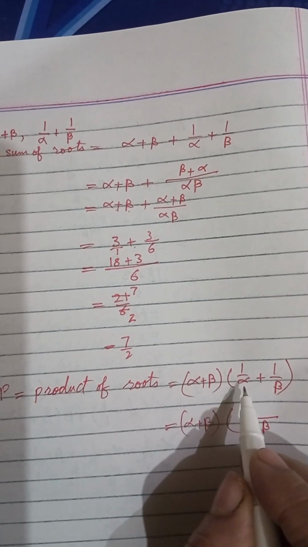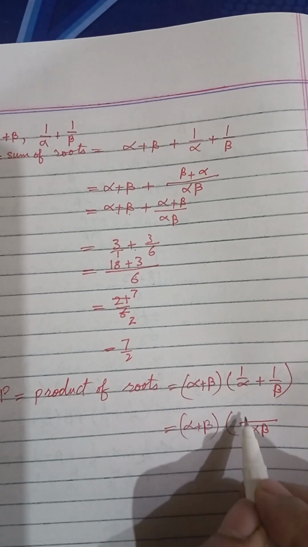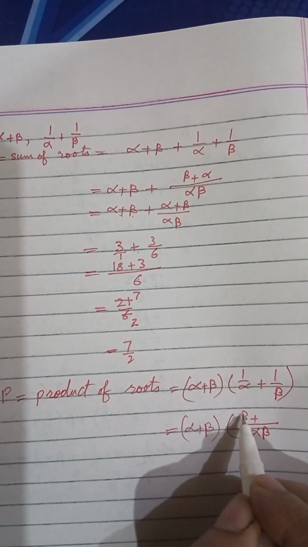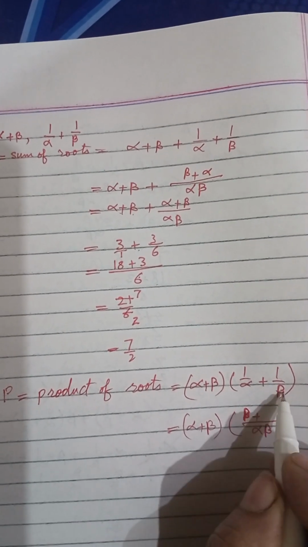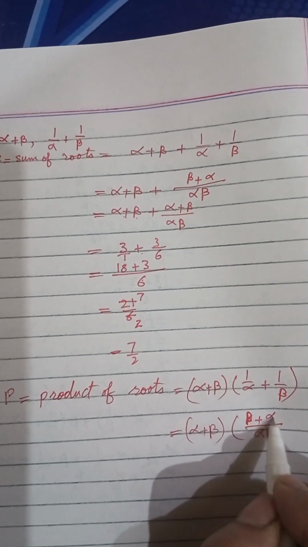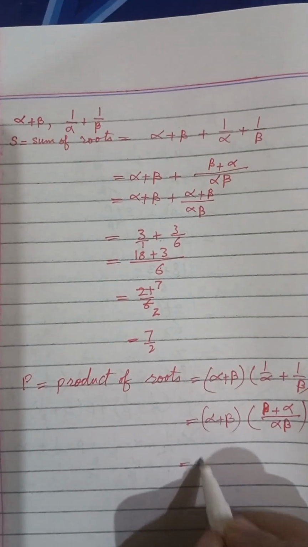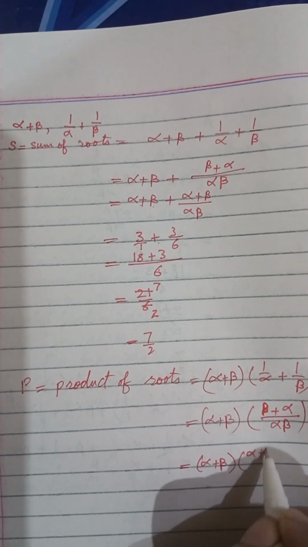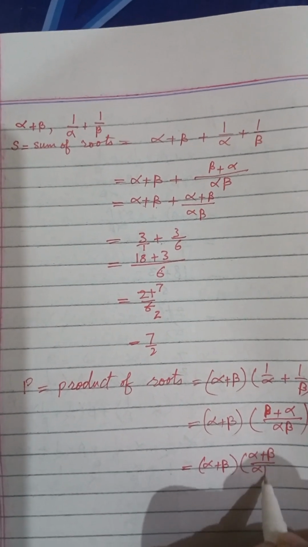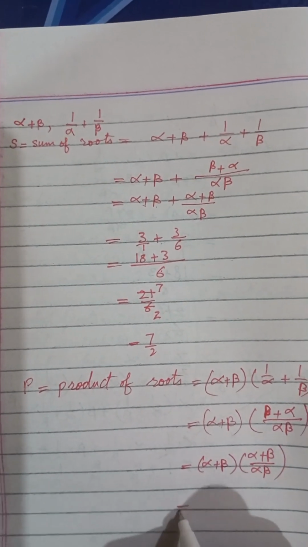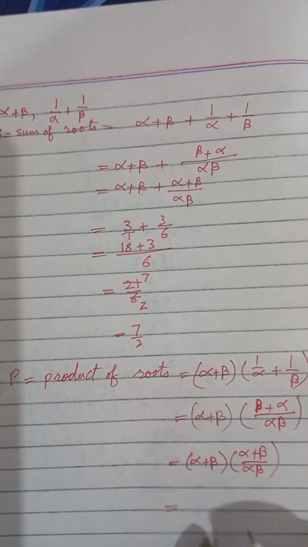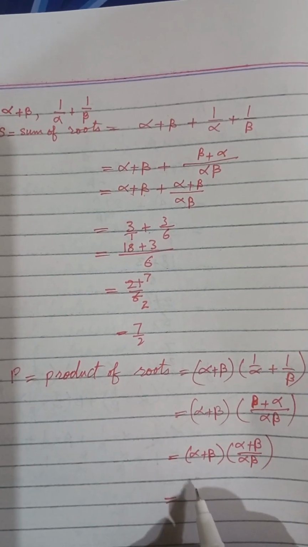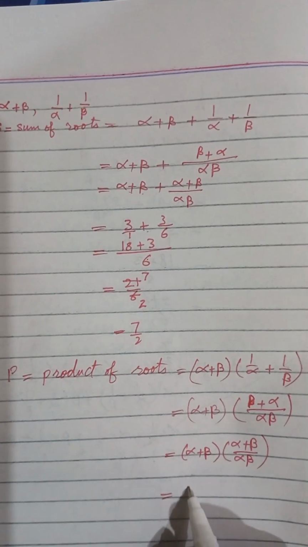Alpha beta divided by alpha, answer beta, 1 times beta plus alpha, beta divided by beta, alpha, which will be equal to (alpha plus beta) into (alpha plus beta) over alpha beta.